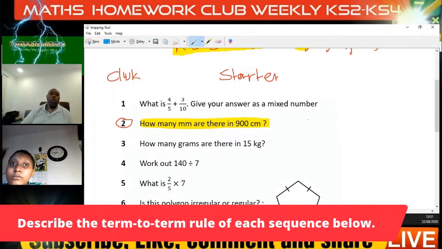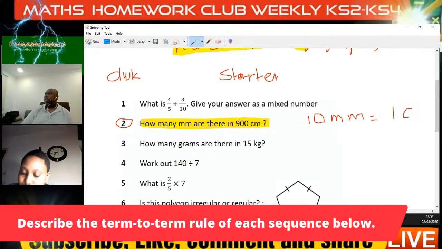Okay, can you write this down, please? 10 millimeters equals 1 centimeter. So think about it.